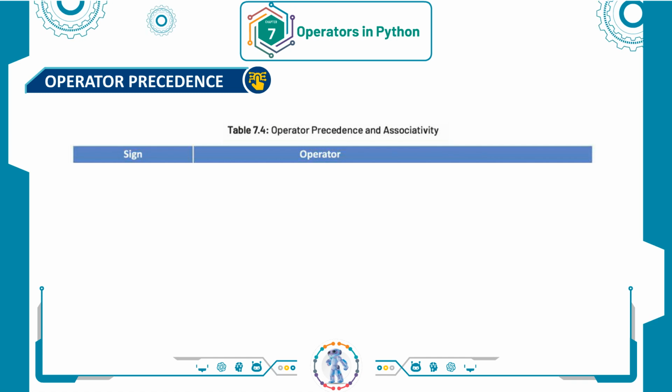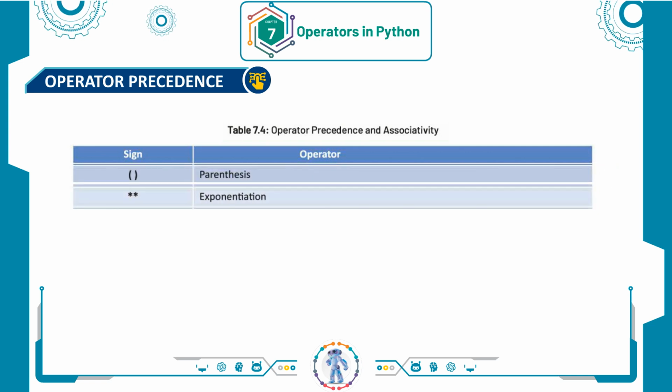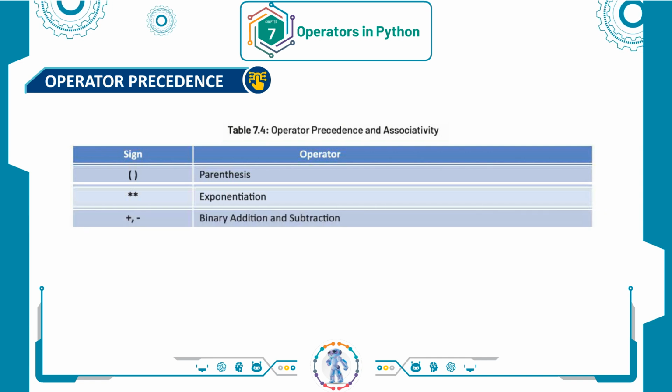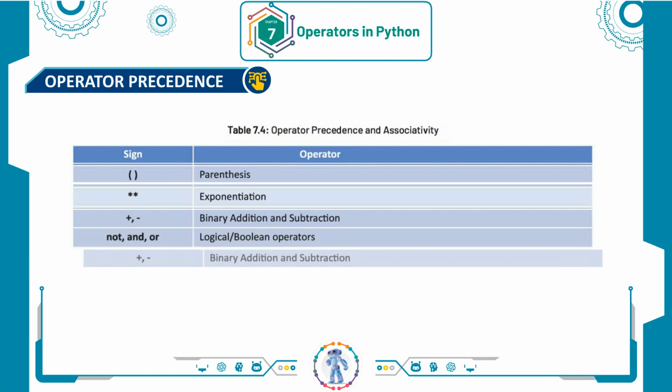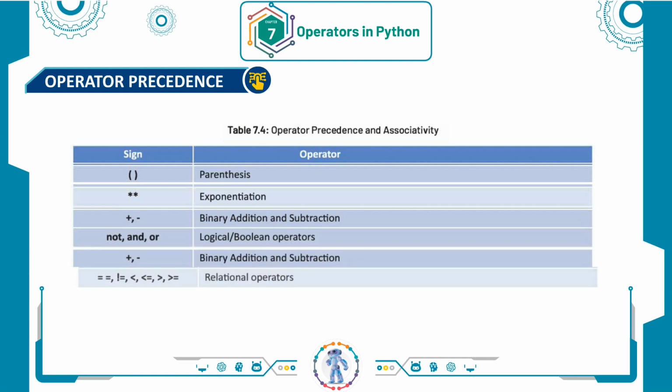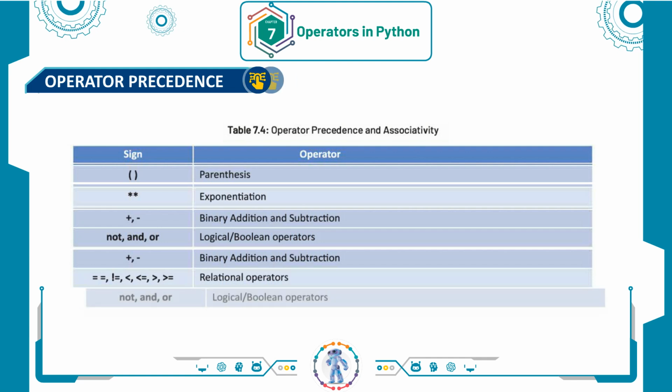Table 7.4. Operator precedence and associativity. Sign. Operator. Parenthesis. Exponentiation. Plus unary. Minus unary. Multiplication, division, floor division, modulus, remainder, binary addition and subtraction, relational operators, not and or, logical Boolean operators.